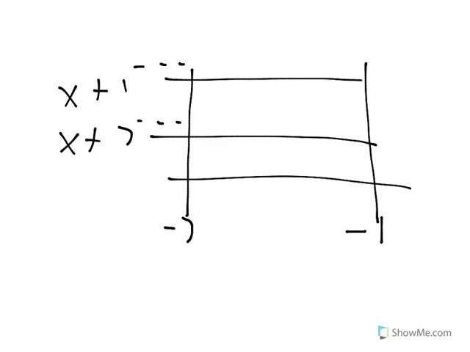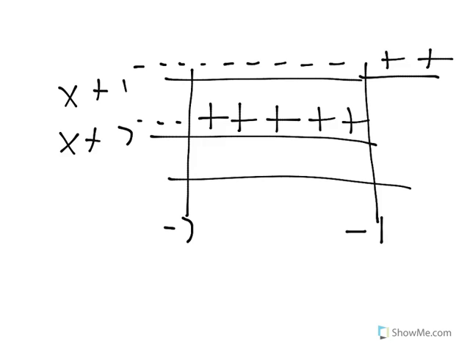And then anything less than -1 will make all these ones negative on this top one, but all of these will be positive on this bottom one. And then to the right, they will both be positive. So a negative times a negative is going to be a positive, and then a negative times a positive is going to be negative, and then a positive is going to be positive again.